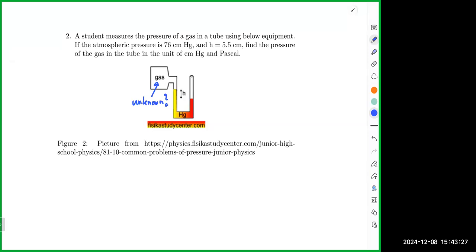If the atmospheric pressure, P atm, is 76 centimeter of mercury, and the height here is 5.5 centimeter, find the pressure of the gas in the tube in the unit of centimeter of mercury and Pascal.